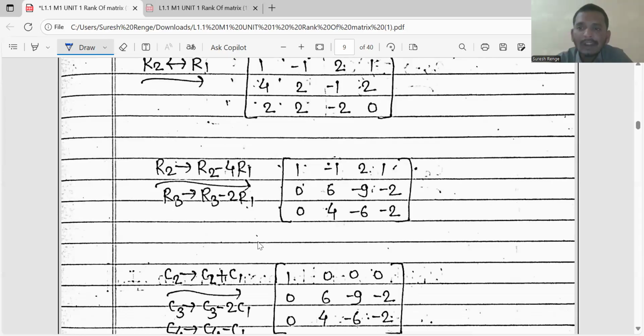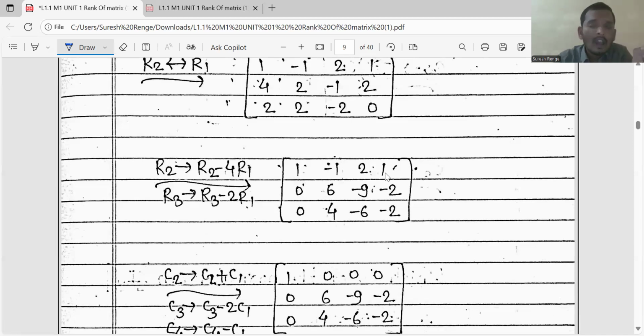Now we want to convert that matrix into normal form. So whatever may be the leading element for row number 1, all elements below it should become equal to 0, as well as all the elements on its side should also be 0.